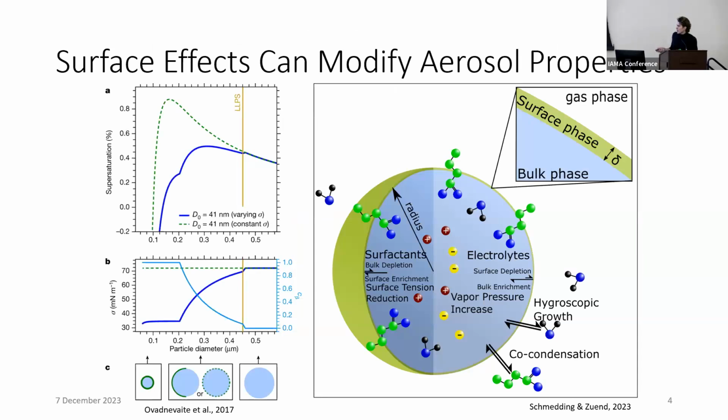But when we talk about surface partitioning, that can also have an effect on aerosol cloud activation. Particles with small sizes can have organic species move to the surface. And this species moving to the surface can decrease the surface tension of the particle, as has been discussed today.